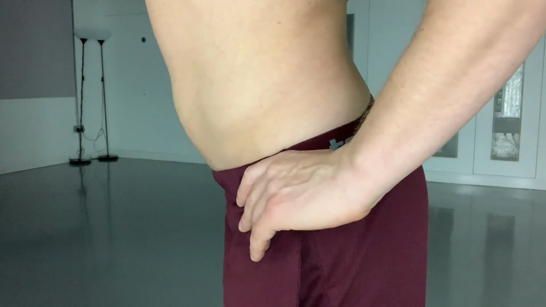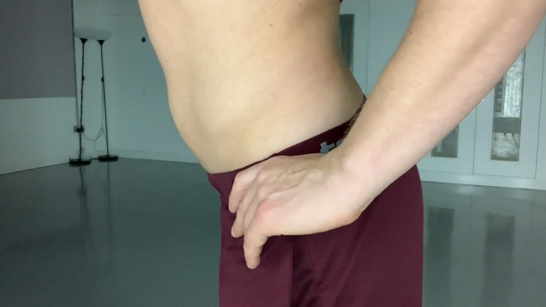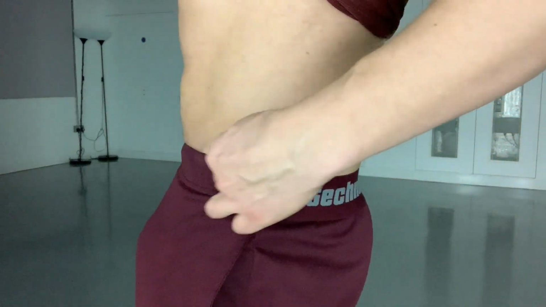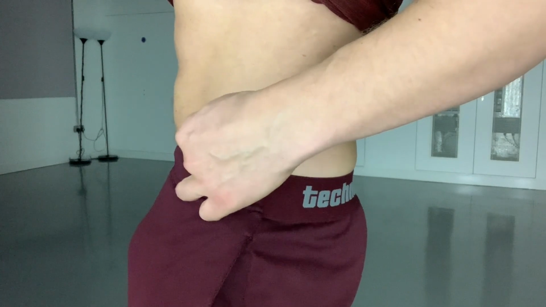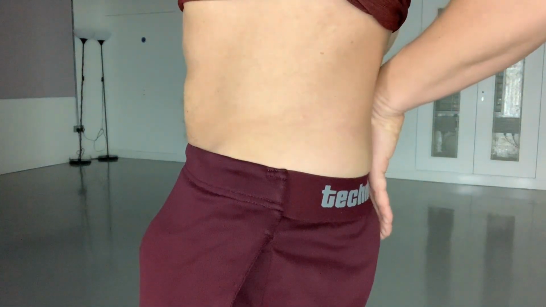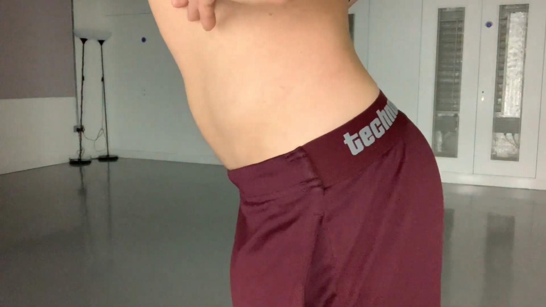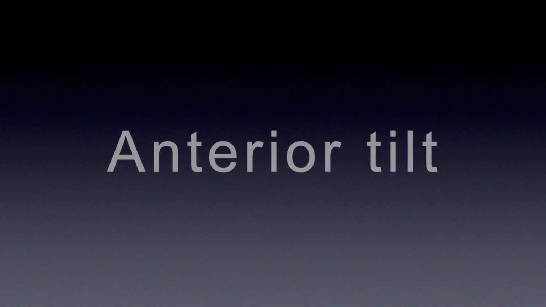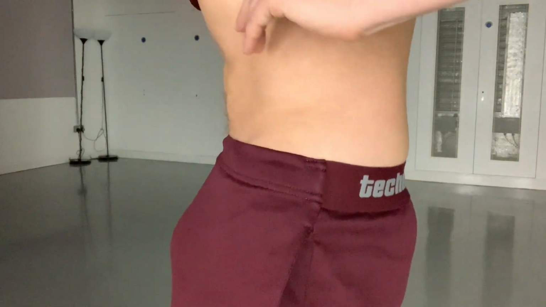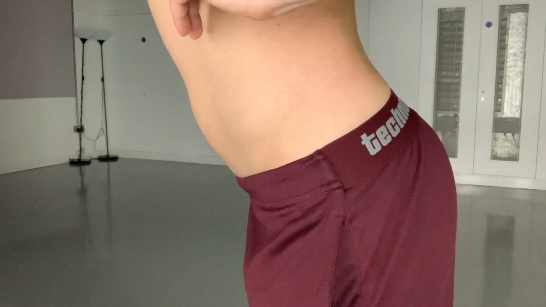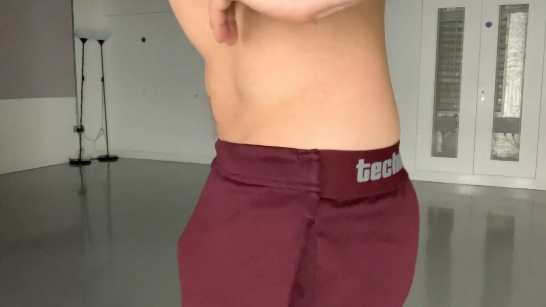Now we do the opposite, posterior tilt in the pelvis. So now your pubic bone goes forward, your ASIS points go back, and you have a lumbar flexion. So again, anterior, and posterior, anterior, and posterior.